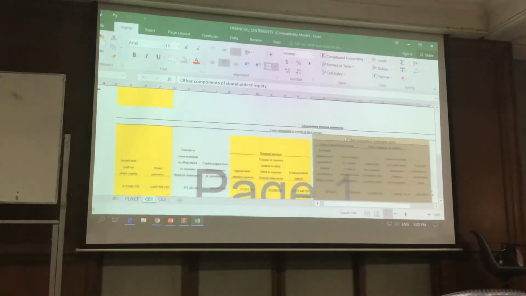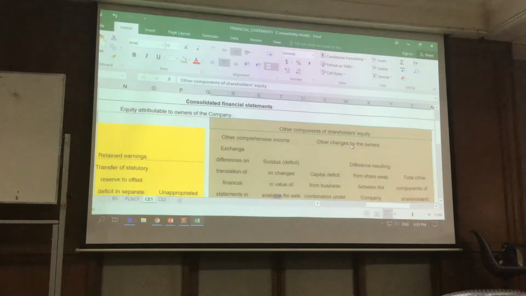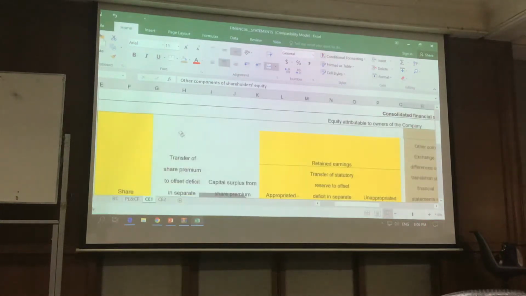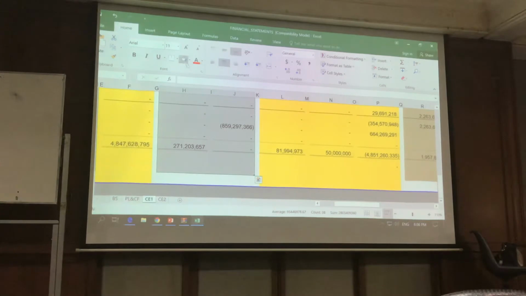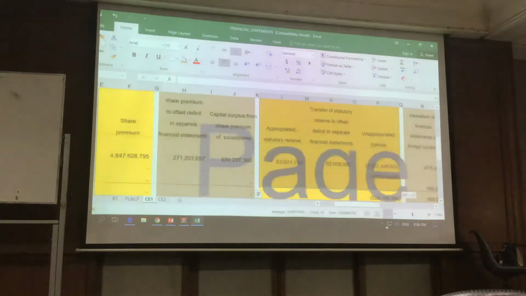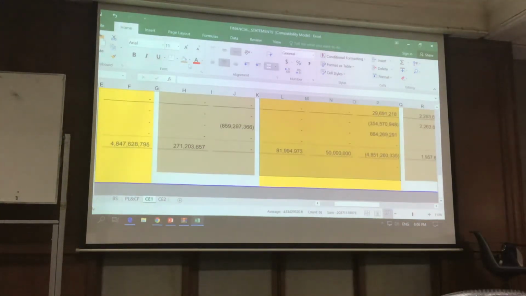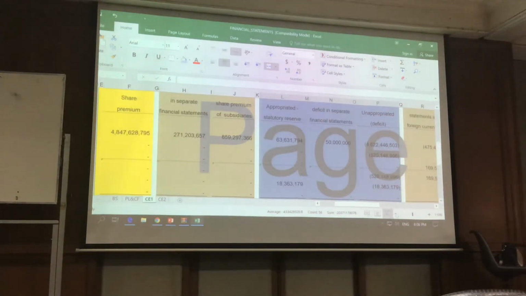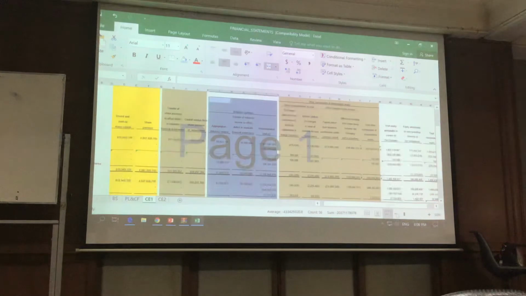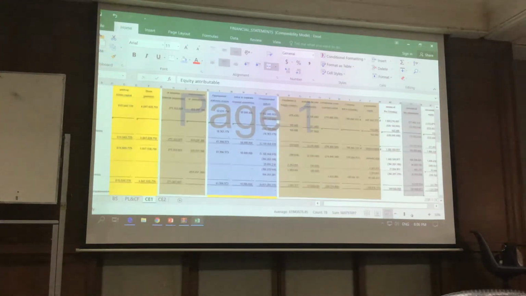This is what we call other components in the shareholder equity part. So we got three parts basically. The yellow, green, yellow, brown, and blue, basically like this. And we have the NCI part too.